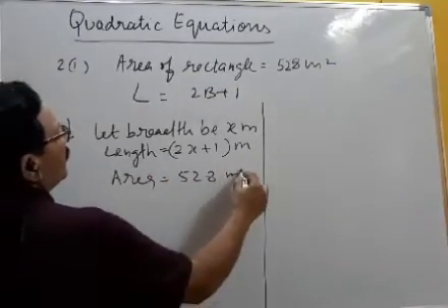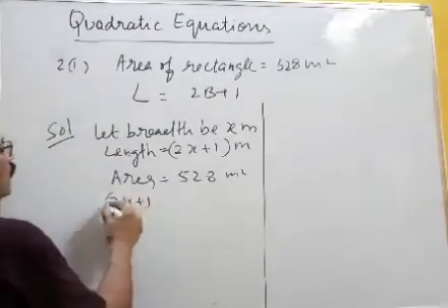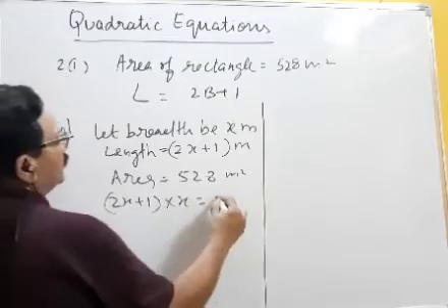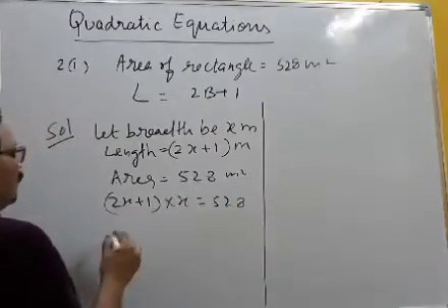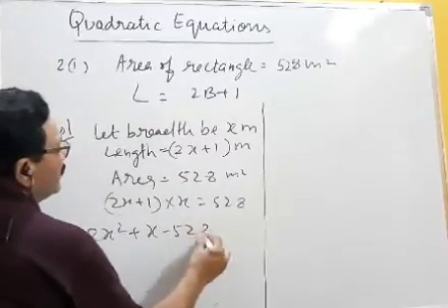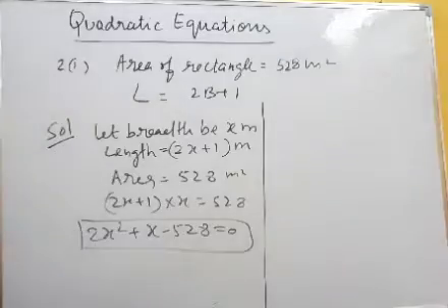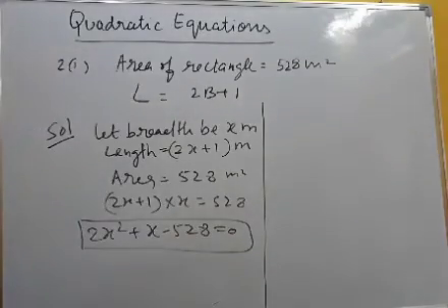Everybody knows that area is length times breadth. So multiply 2x plus 1 into x is equal to 528. Solve it: 2x square plus x minus 528 equal to 0. Now this is the quadratic relation you are getting with this problem.